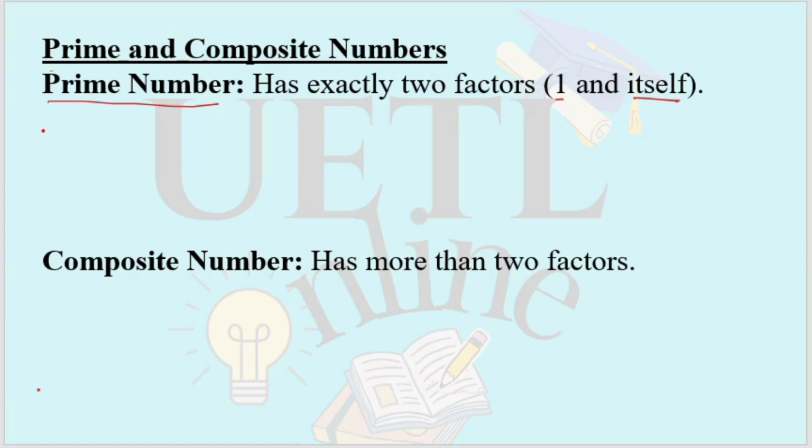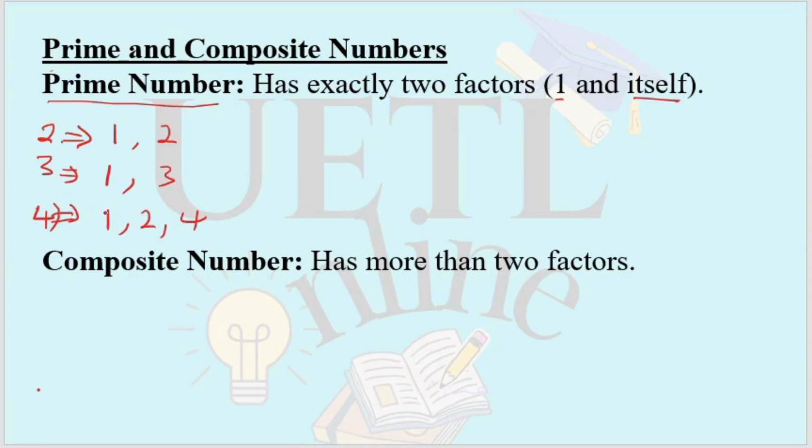Let's take for example 2. Let's list the factors of 2: we have 1 and 2. For 3, we have 1 and 3. For 4, we have 1, 2, and 4.